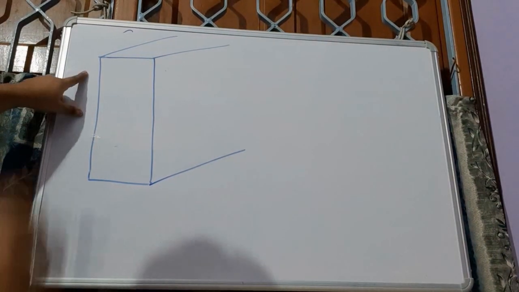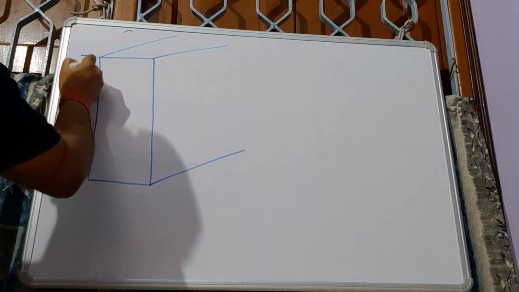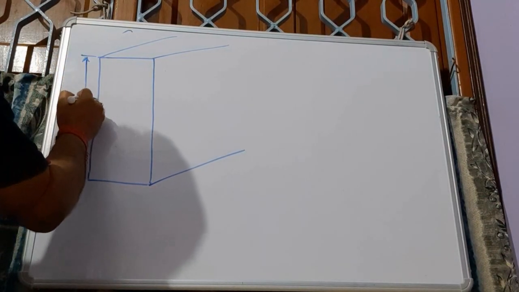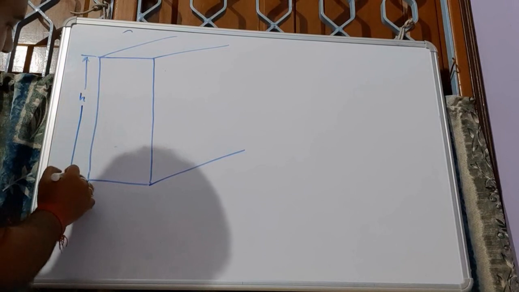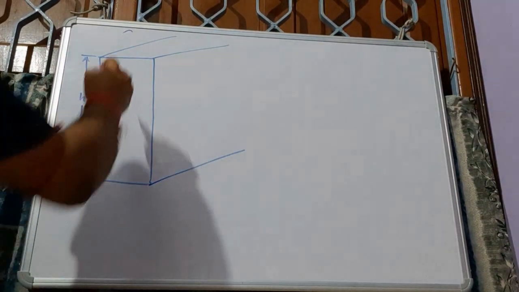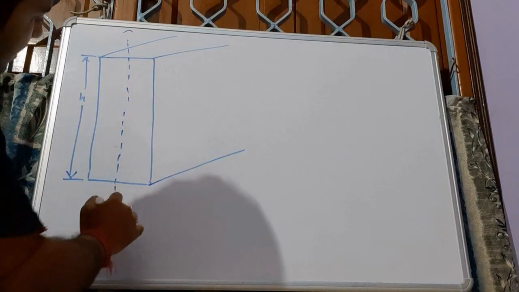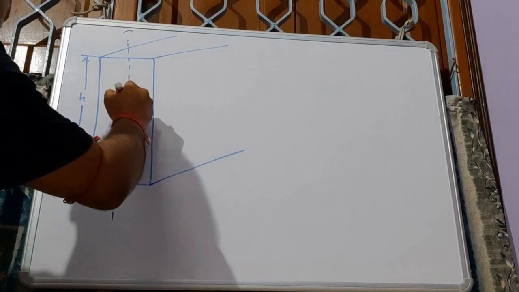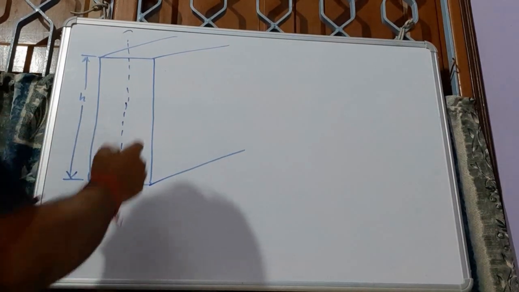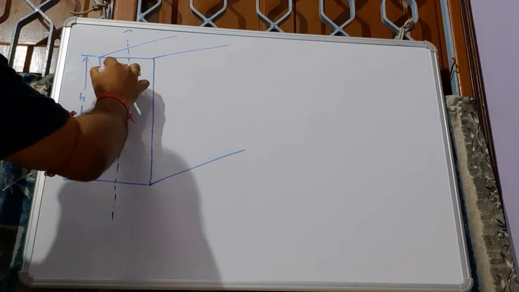Now suppose the height of the thin plate is h. Okay, now take a closed loop.